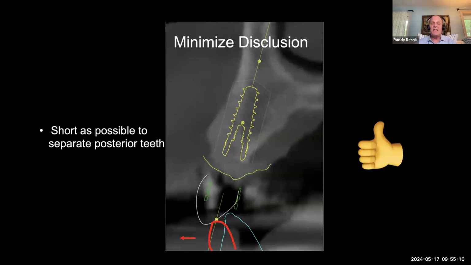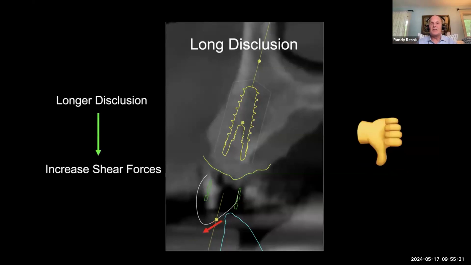So you can see here in the lower part of this image, the blue is where the ideal contact would be, where it is designed, but more ideally would be further anterior or buccally, so that we separate the posterior teeth with a very short disclusion.